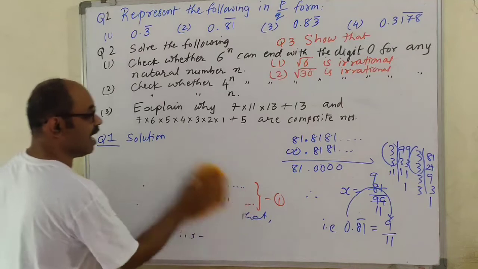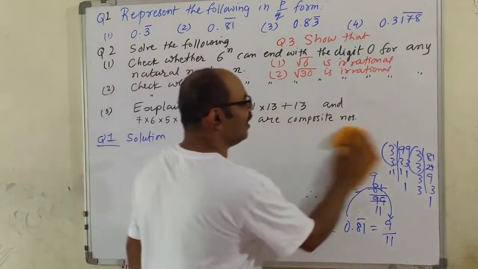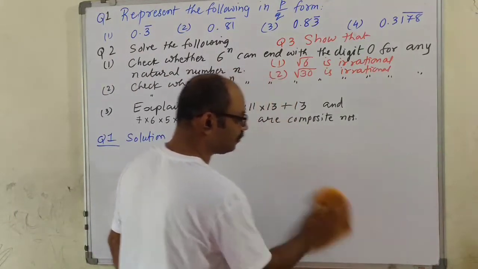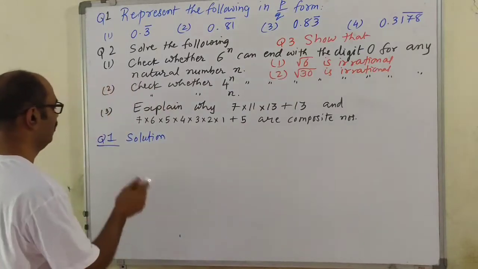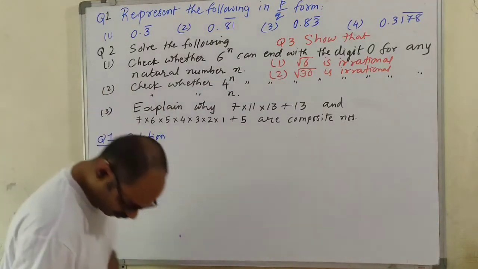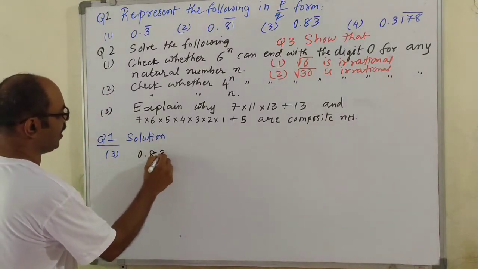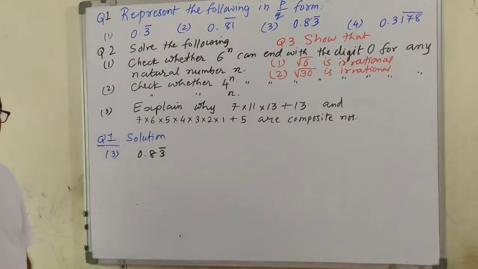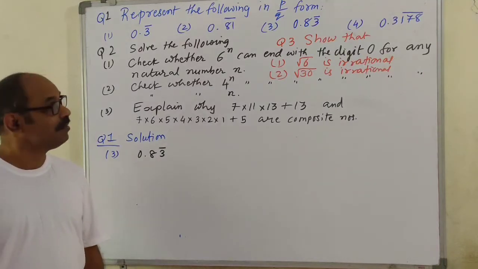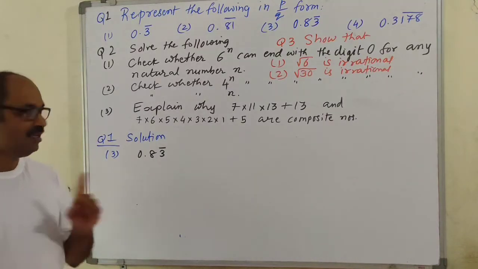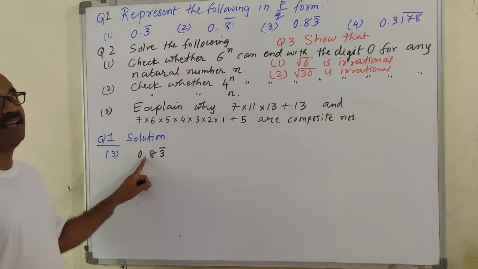Now it's slightly different, children. Third one is slightly different, and you have to be careful. Third. What is it? 0.83 bar. Well, how many digits are repeating? Only one digit. But not soon after the decimal.